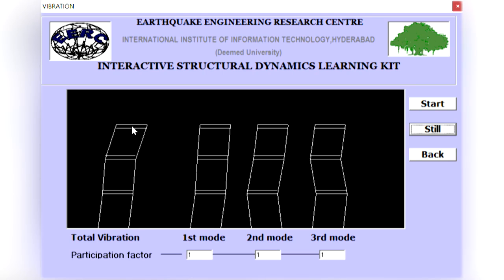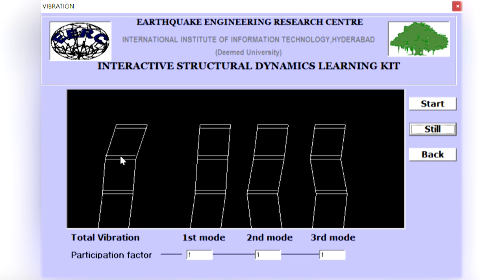Now if we want the response at this location, you can look at the arrow, we need to add this plus this plus this. So first mode response at the top location, second mode response at the top location, third mode response at the top location. If we add these three things at that time instant, we will get the total response at that time instant.